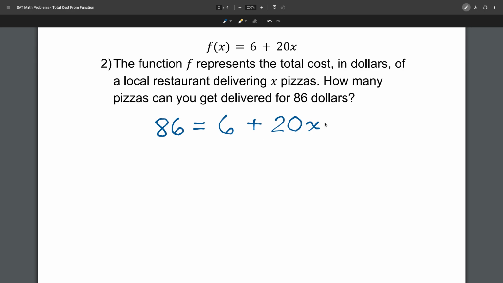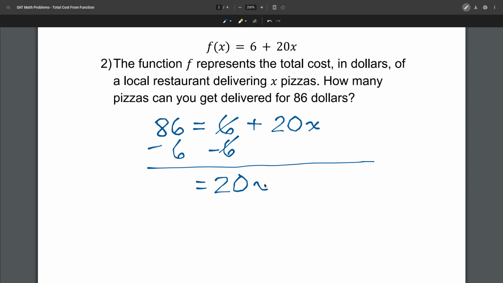To solve for the number of pizzas, we want to get rid of this 6 here, so we would subtract 6 from the right. We'd then have to do that to the left. 6 minus 6 is 0, and 0 plus 20x is just 20x. 86 minus 6 is 80.